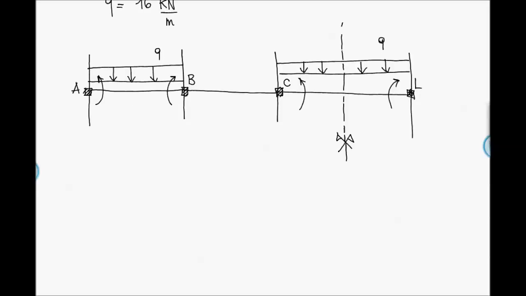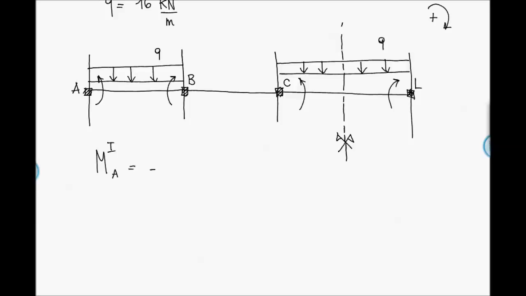The fixed end moments corresponding to the first phase of the Cross method in A is equal to minus, since it is counterclockwise. Remember our sign convention that is positive moments clockwise.